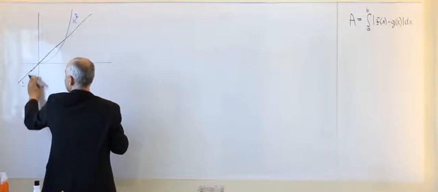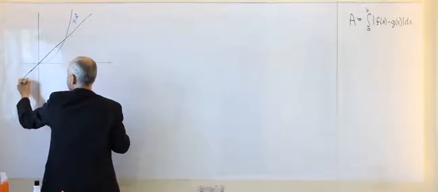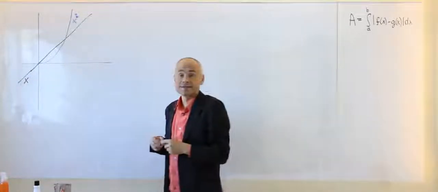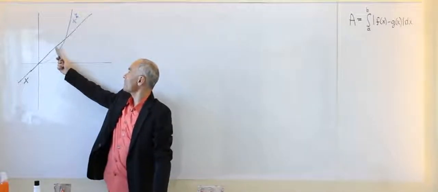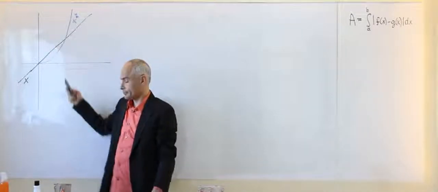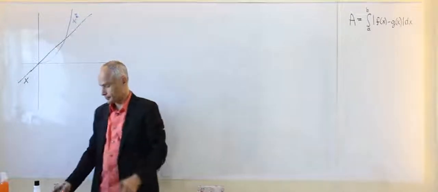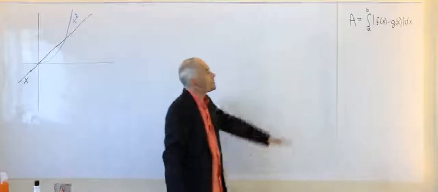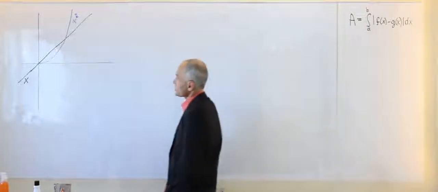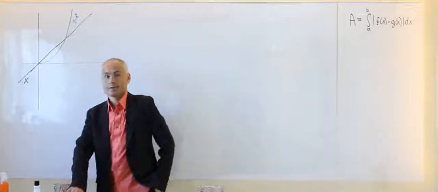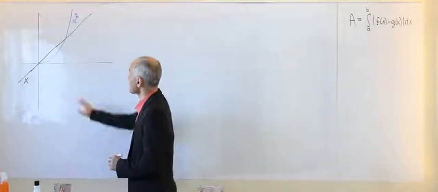So just the function g of x is equal to x. And the goal is to calculate this area. So we will need to apply this formula. How would we do this?